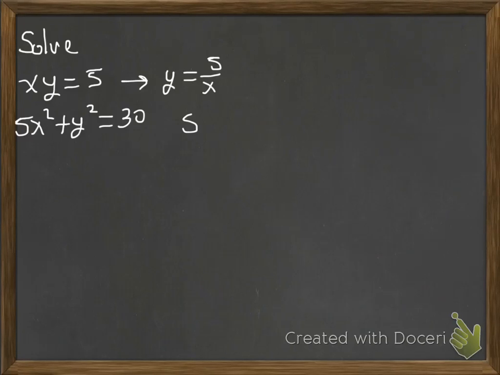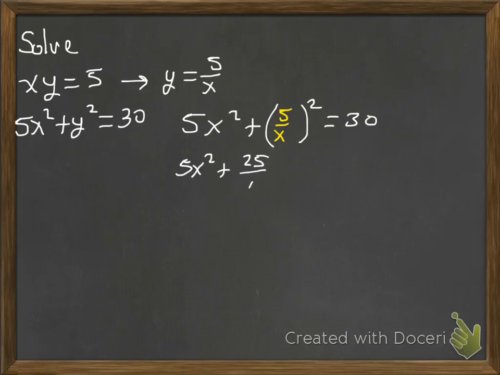So we'll have 5x squared plus 5 over x quantity squared equals 30. So we'll go ahead and we have 5x squared plus 25 over x squared equals 30. And we'll clear the fraction by multiplying by x squared. So we'll have 5x to the 4th.